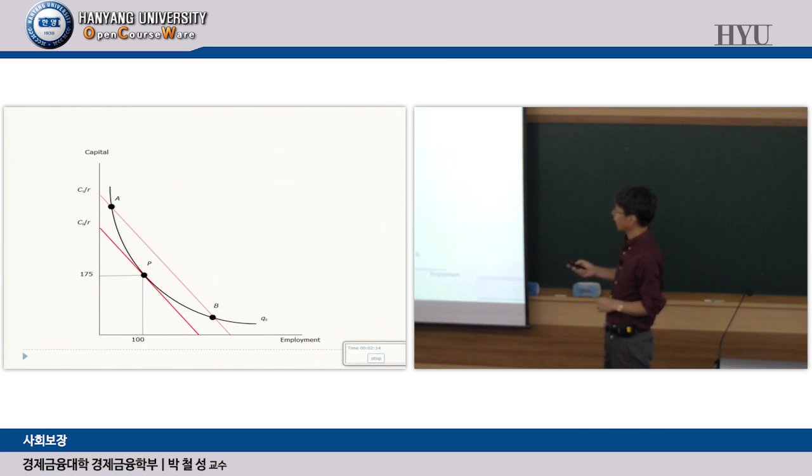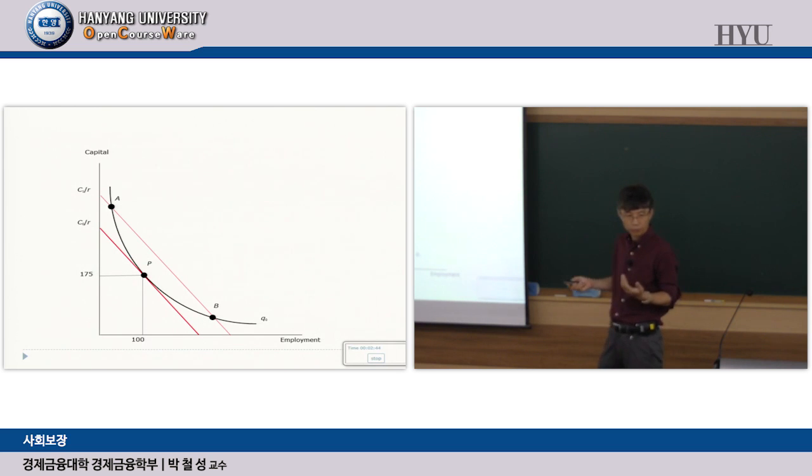So if I give you just a short review of the cost minimization, in this case, the firm has a problem of finding the optimal combination of capital and labor, in this case employment, capital and labor, to produce the Q0 output. So Q0 output can be produced using, in this case, infinite combinations of capital and labor.